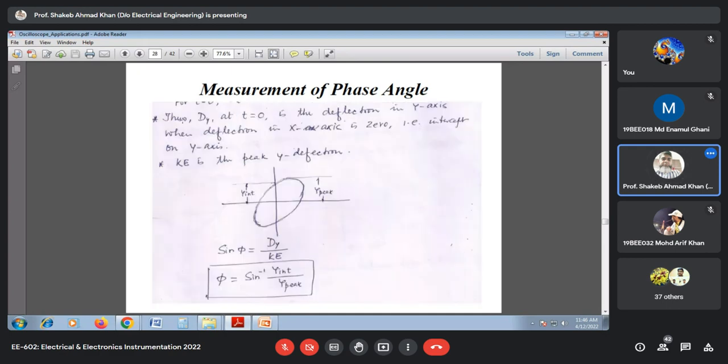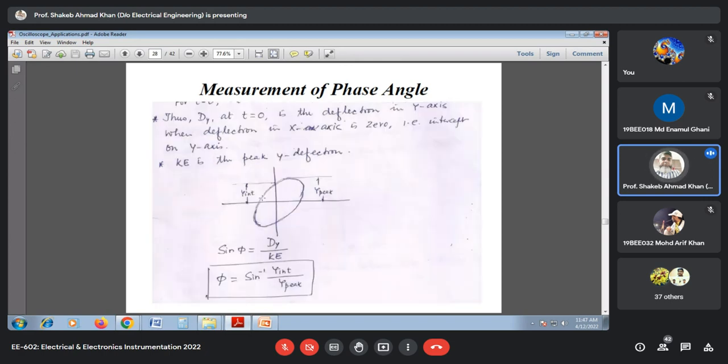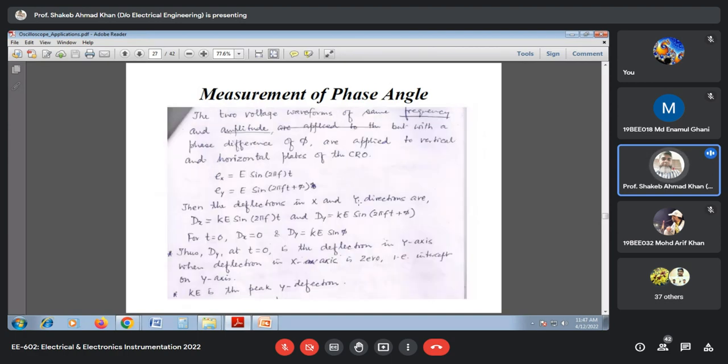Now what kind of Lissajous pattern exactly will we find when two waveforms of the same frequency and same amplitude have a phase difference of phi? We will basically get an ellipse like this. If dy is equal to Ke sin phi and we divide it by Ke, then it will be sin phi only.